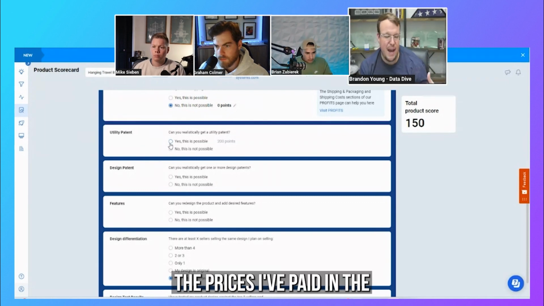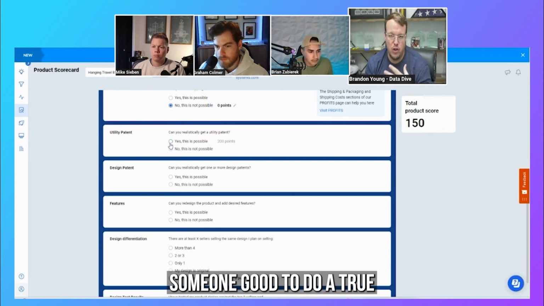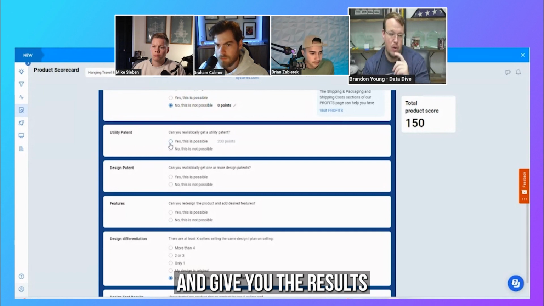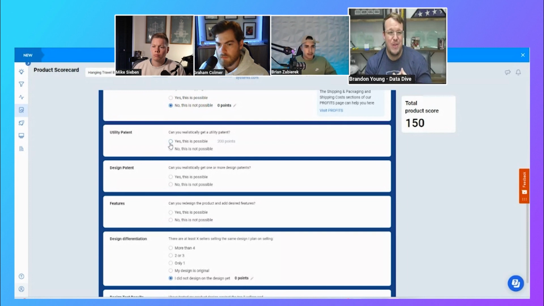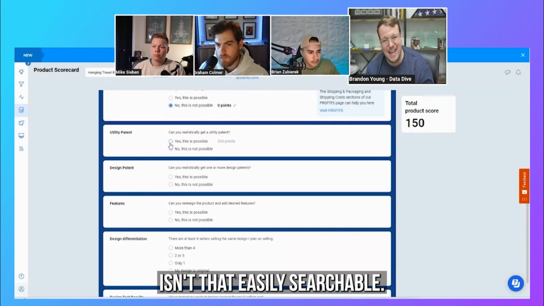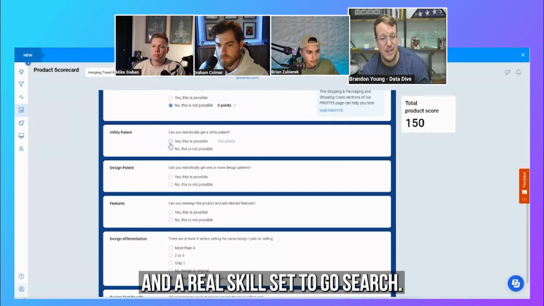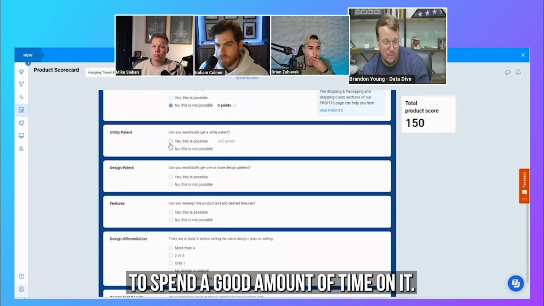The prices I've paid in the past have been around $500-$600 for someone good to do a true patent search, to come back and give the results of what they find based on what you're looking for, because a lot of times the functionality isn't that easily searchable. It takes a certain type of database and a real skill set to go search. And so you need someone that's going to spend a good amount of time on it.